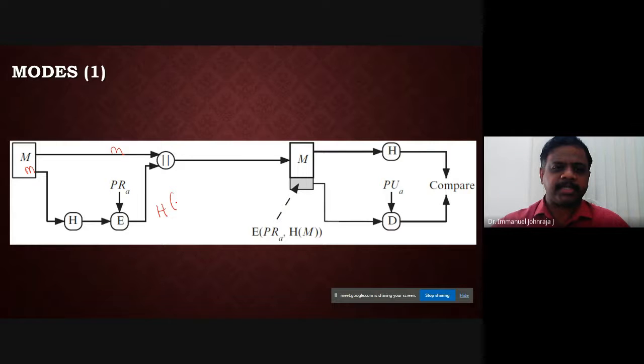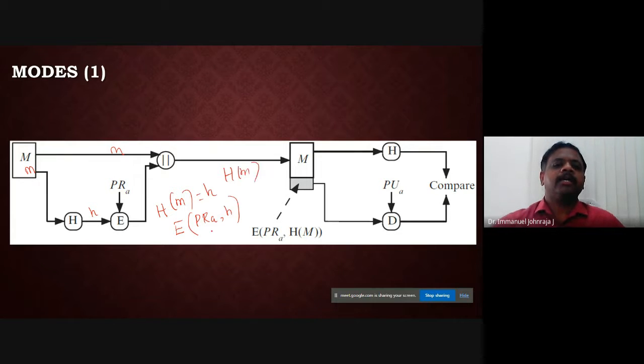Let me say this is h, which is actually h of m. What happens at the sender side? He encrypts this h with the private key of the sender, and then it is appended.